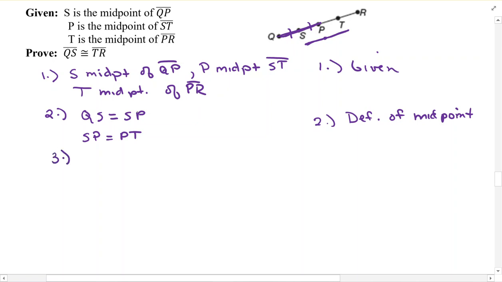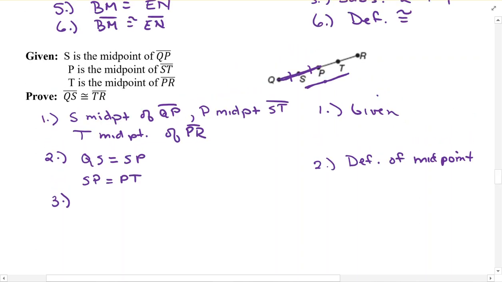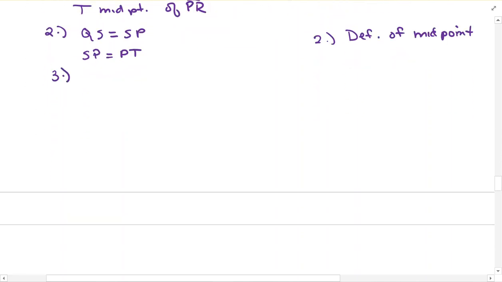Now we have QS equals SP, but then SP equals PT. And some of you might remember the transitive property from Algebra 1. The transitive property says that if A equals B and B equals C, then A equals C, and that's called the transitive property.